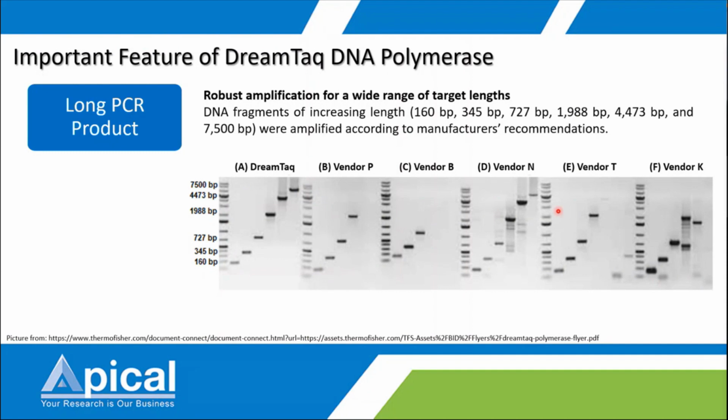You can see DreamTaq polymerase and also a polymerase from another vendor show amplification for sizes more than 4 kb, but the rest is maybe less. DreamTaq here gives you better yield and less unspecific amplification, so you will have less smearing and fewer unspecific bands, even when the size is big.